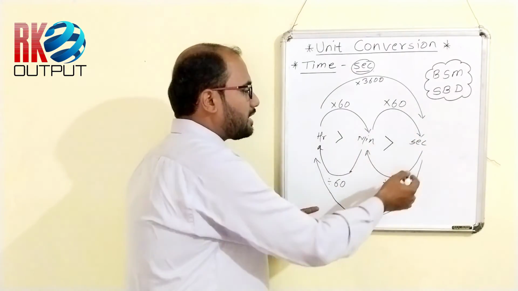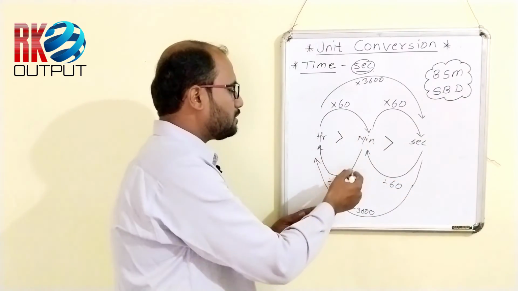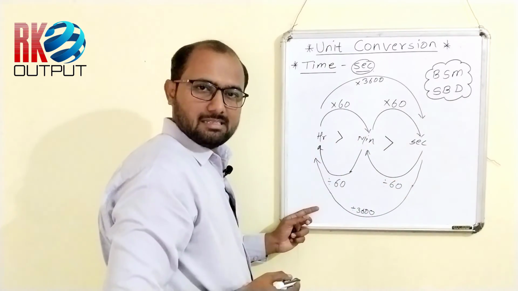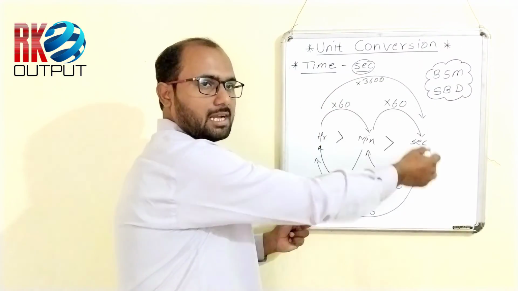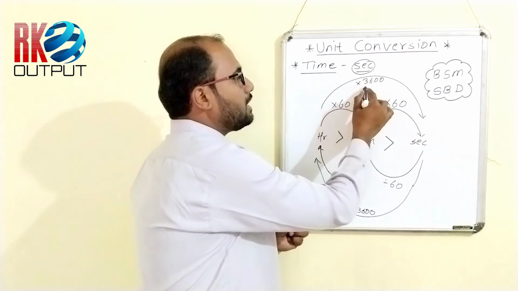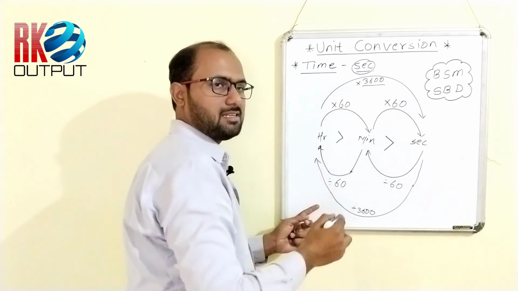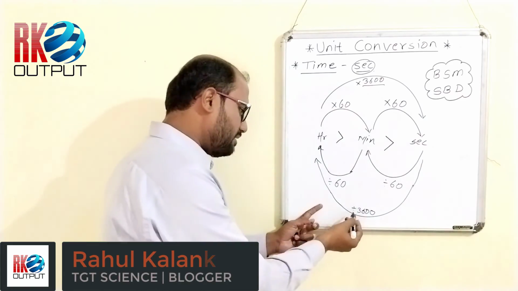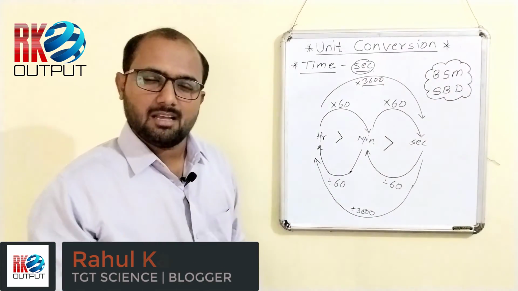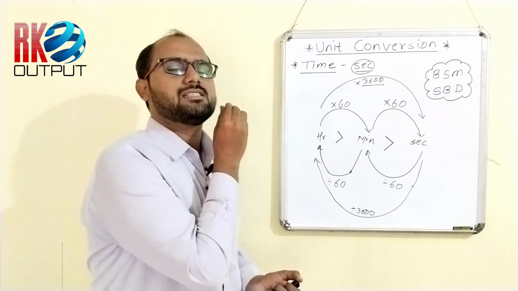Converting minutes to seconds, multiply by 60. Second to minute is divided by 60, and minute to hour is also divided by 60. For direct conversion from hour to second, multiply by 3600, which is 60 multiplied by 60. Again, for the reverse, divide by 3600. I hope you have understood this concept in a very simple form.